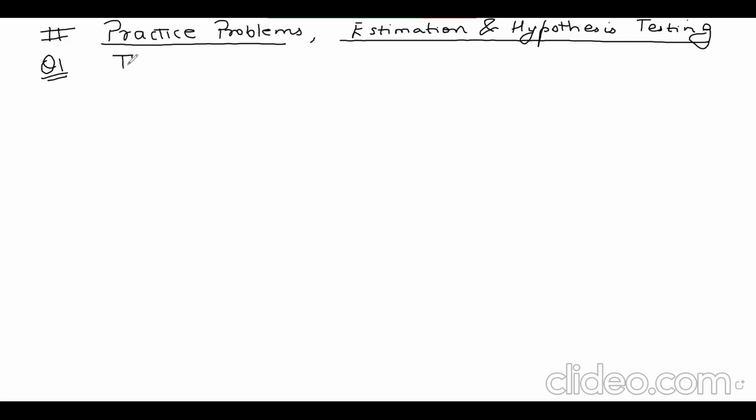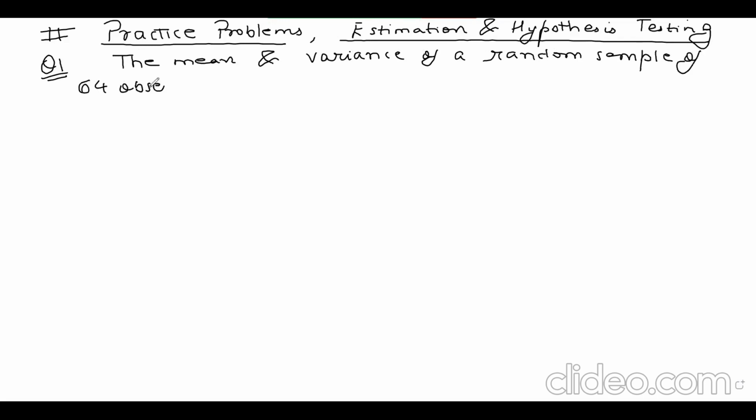The mean and variance of a random sample of 64 observations were computed as 160 and 100 respectively.